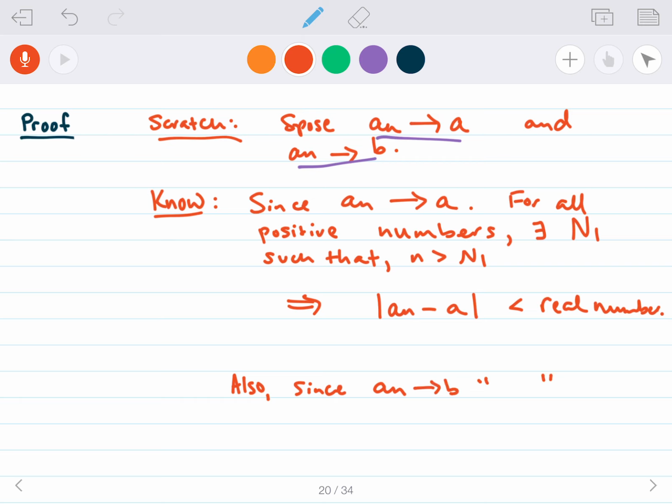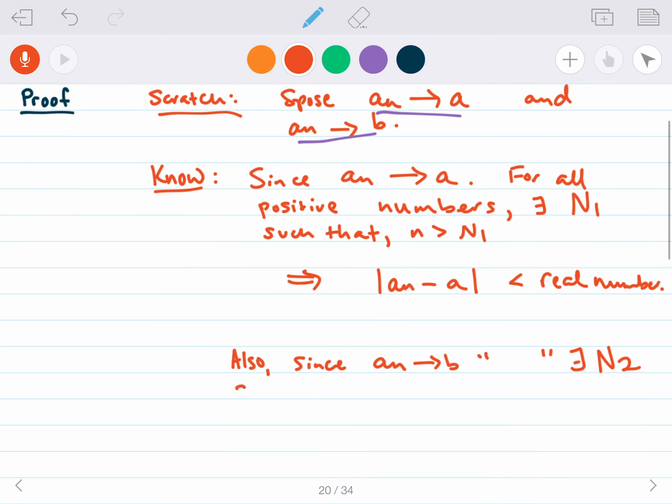So same thing, for all positive numbers, there exists a separate value, capital N2, so that whenever little n is bigger than capital N2, this implies that the sequence minus b is going to be in that neighborhood.